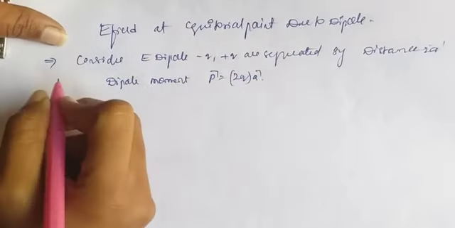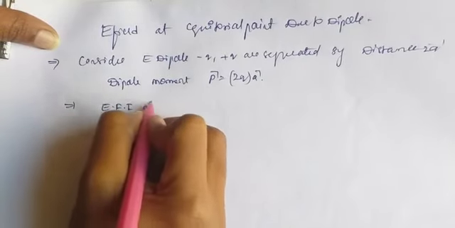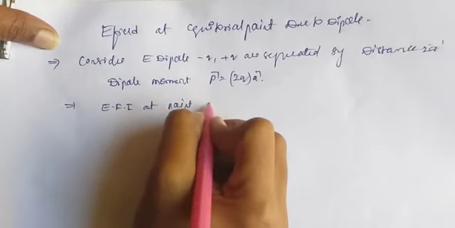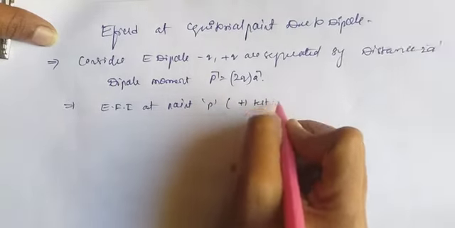And here we have to find the electric field intensity at point P where a positive test charge is placed.